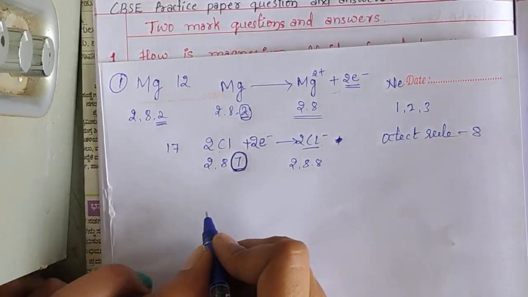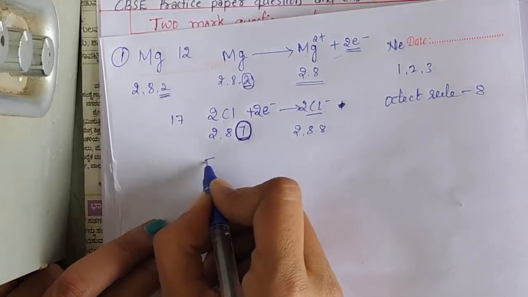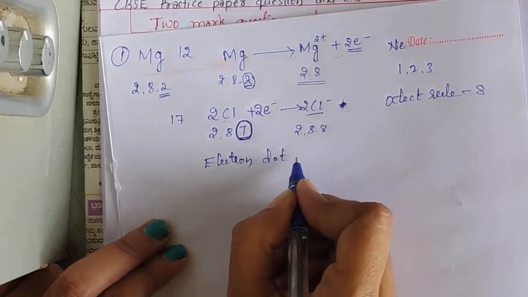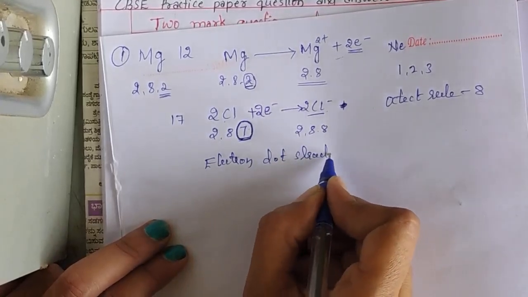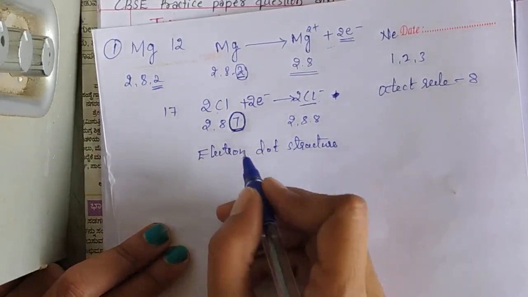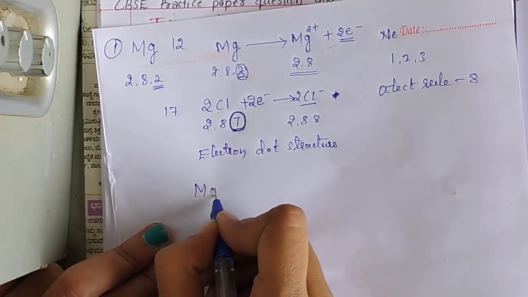Now we will write the electron dot structure for magnesium chloride. This is the magnesium.